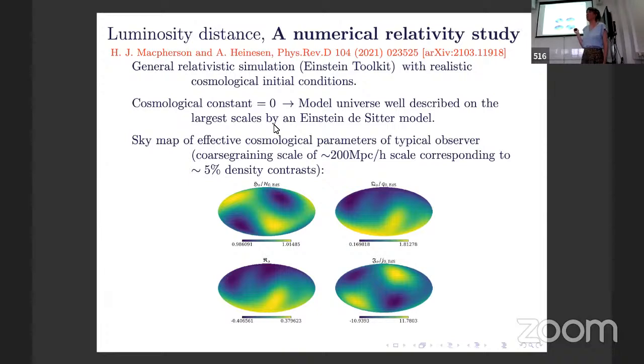here we've assumed basically that the null rays are parameterized by redshift, and this parameterization breaks down once you have bound structures. Then redshift is not a good parameter along your null rays, so you don't have distance as a well-defined function of redshift. So here it's already an implicit assumption in this type of formalism that you're considering scales at least well beyond the largest bound structures, so you need some smoothing to make sense.